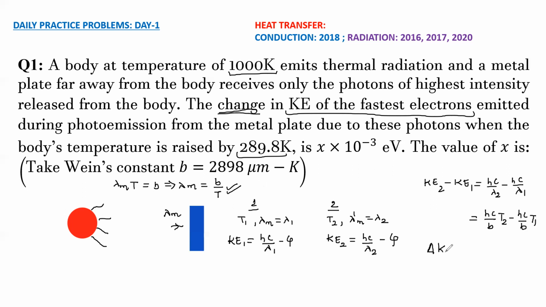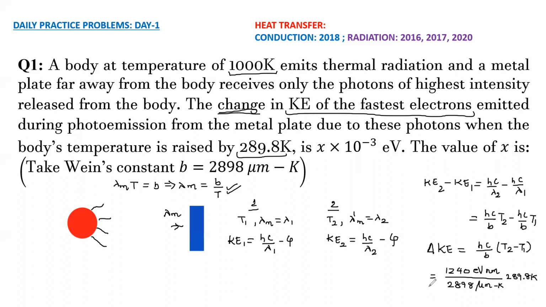So the change in kinetic energy which we actually need is nothing but hc divided by b times T2 minus T1, the change in temperature. So what is hc? As you know, it is close to 1240 eV nanometers divided by b, which is as given 2898 micrometer Kelvin, and change in temperature is 289.8 Kelvin.